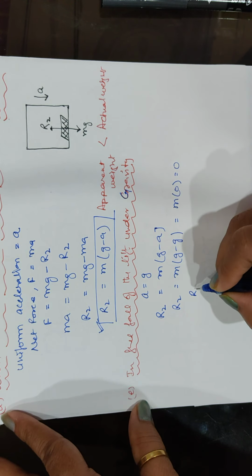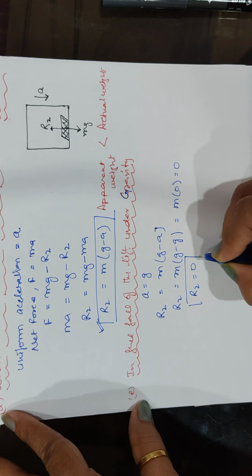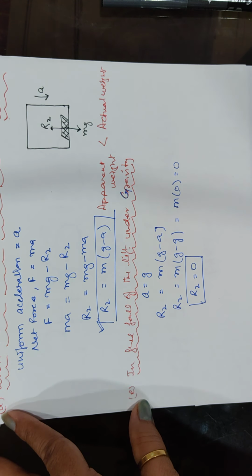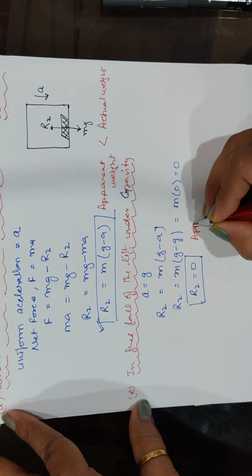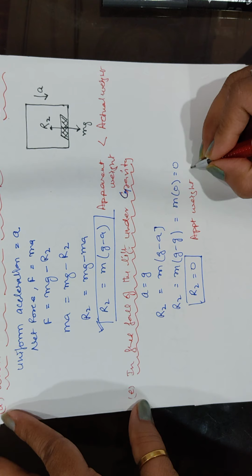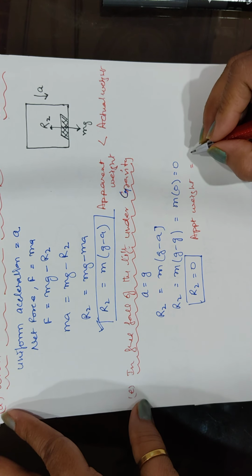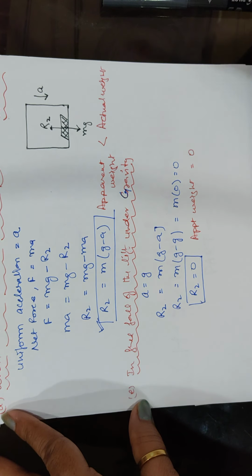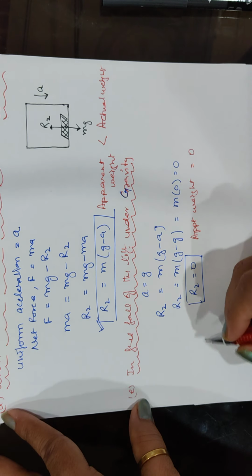So at that time R2 is equal to 0. When R2 is equal to 0, that means apparent weight is equal to 0.